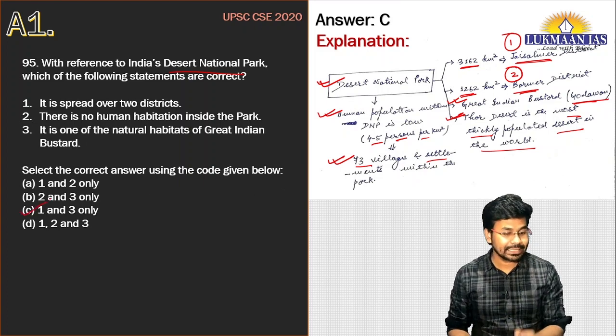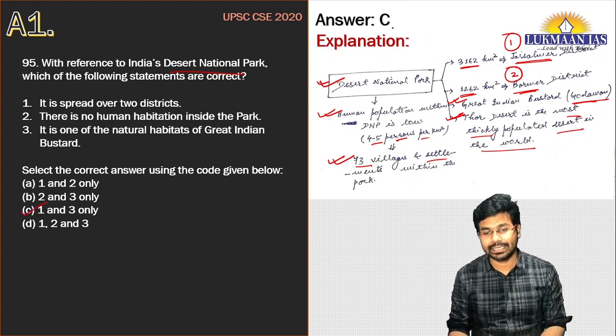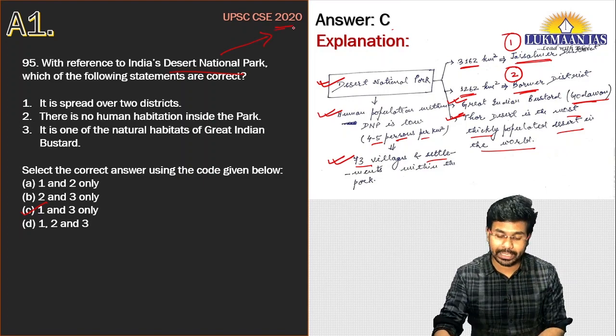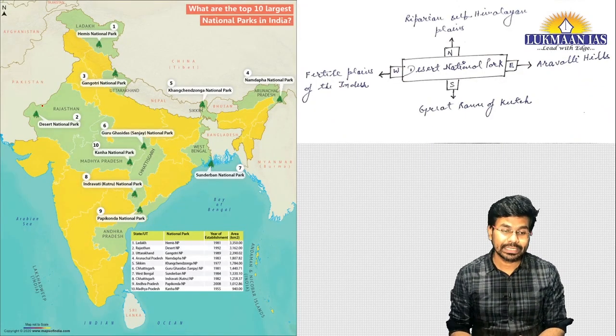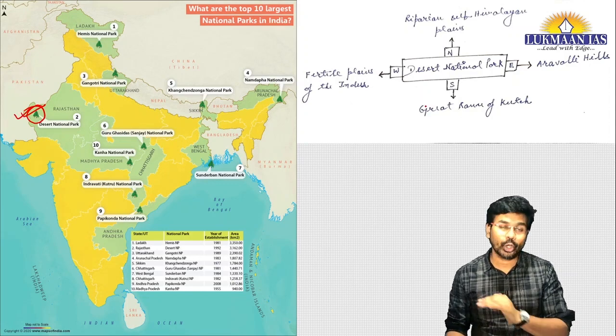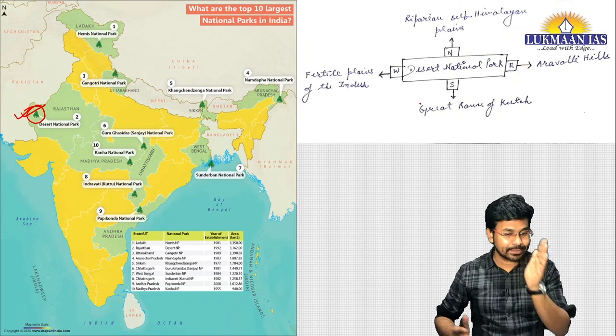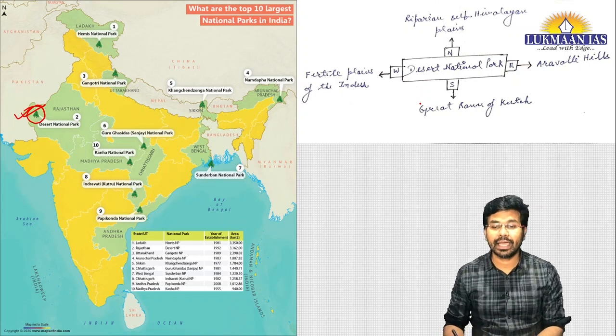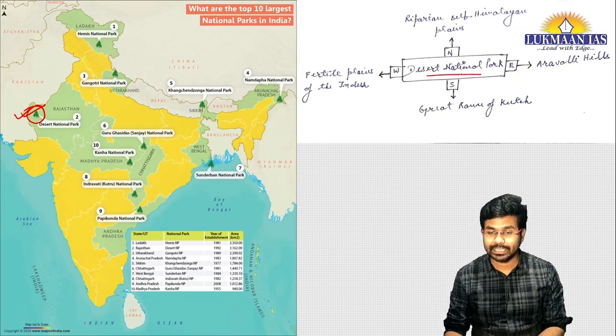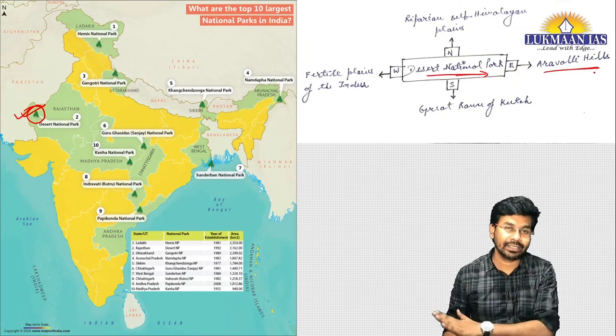So the correct answer is already discussed. It is answer C. This question was asked in the year 2020 prelims examination. This is the location of Desert National Park in the state of Rajasthan. If we talk about the geographical expanse of this park, it expands up to the Aravalli Hills in the eastern direction.